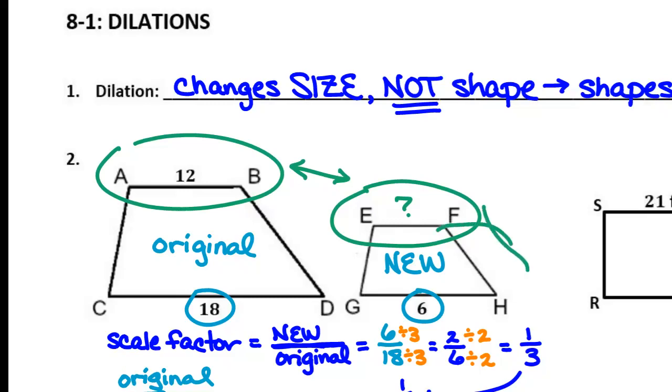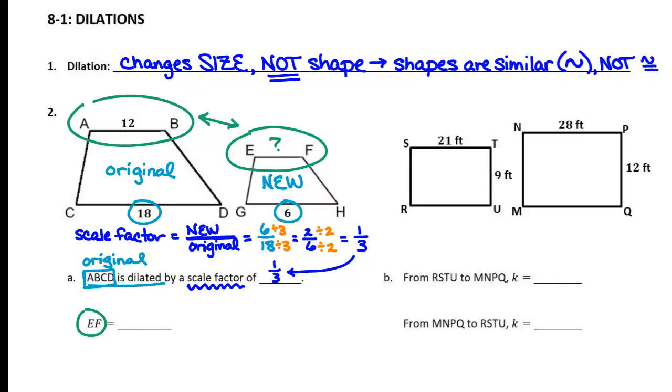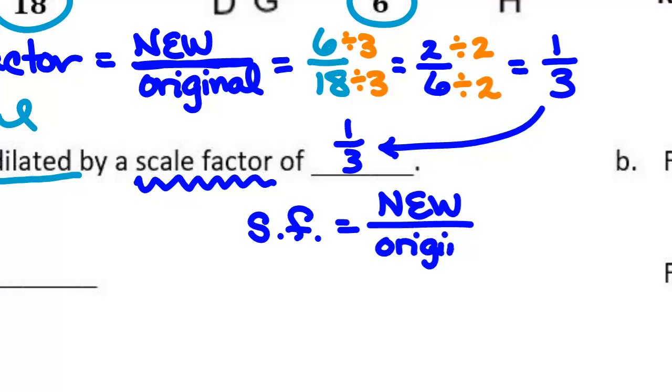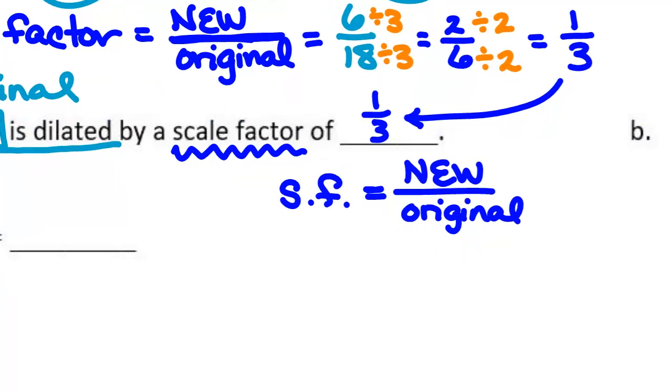So I'm going to use, again, what I know about scale factor. Scale factor equals new over original. We just found our scale factor right here. That scale factor works for every pair of corresponding sides on these two shapes.